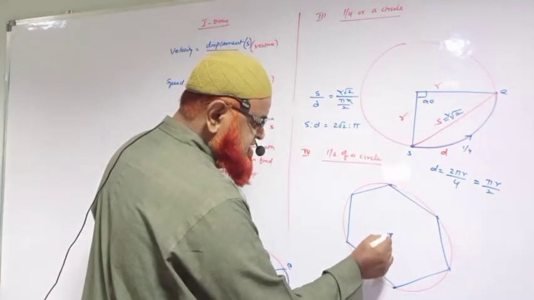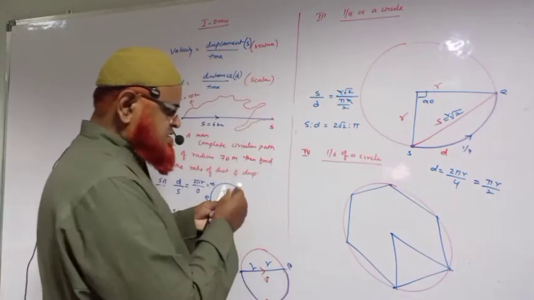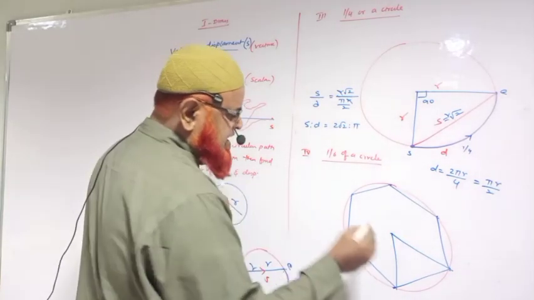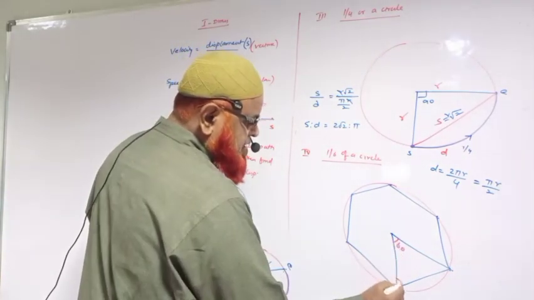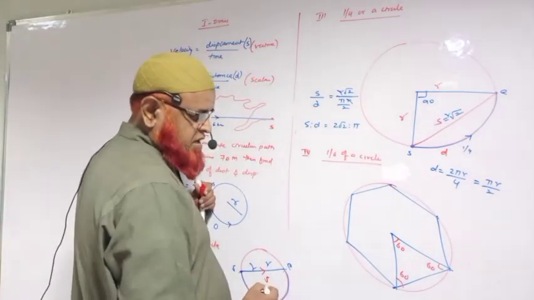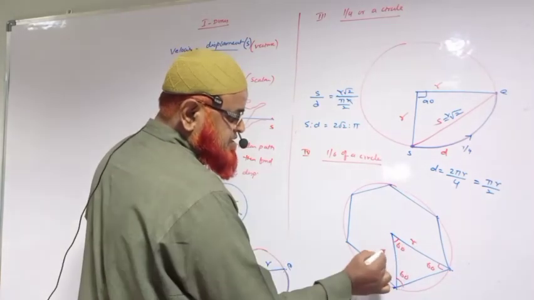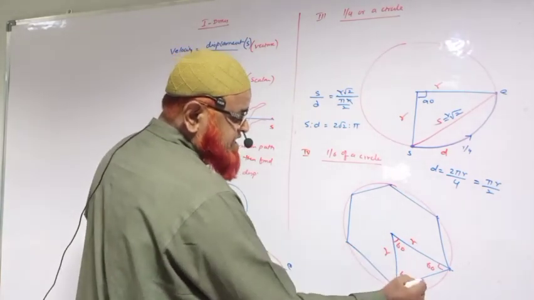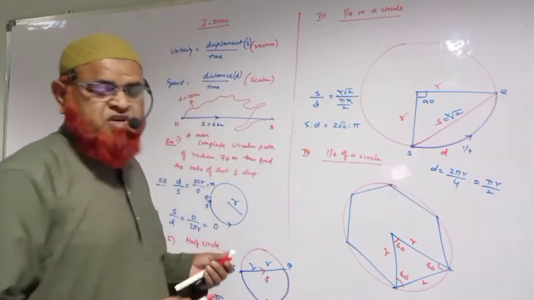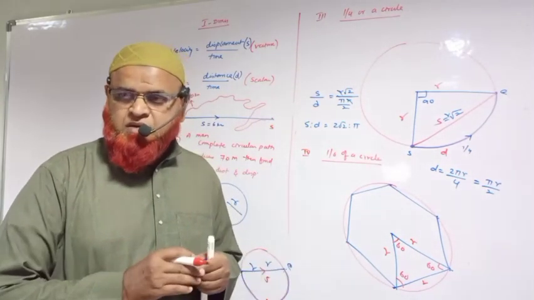Now, if this is a center, I am drawing one triangle here. And you all know that the angles of the triangle are going to be 60, 60 and 60. And you also know that this is radius, this is radius. Angles are same means length of the sides are going to be same here.